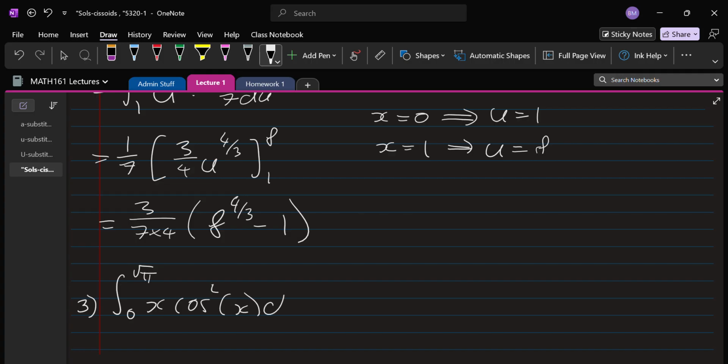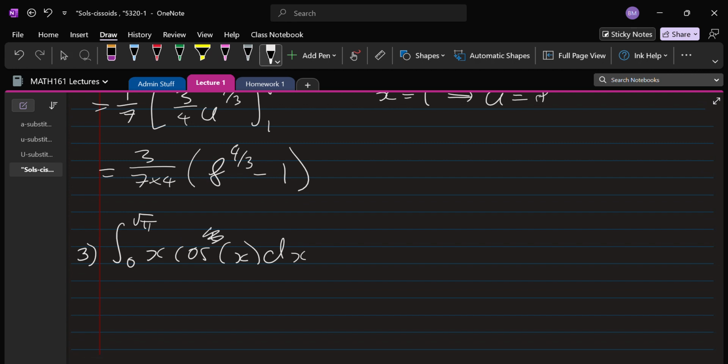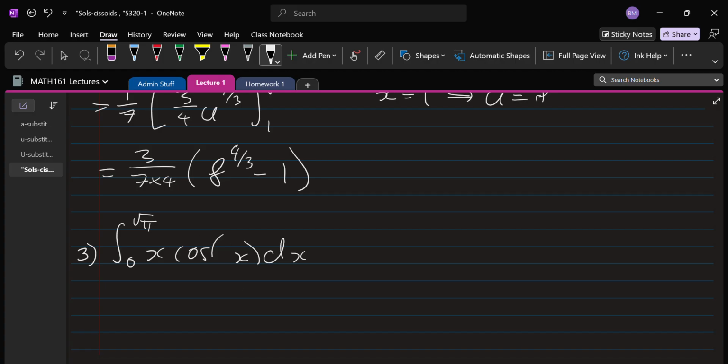Okay, number 3. We have the integral from 0 to root pi, x cos of x squared dx. We want to do a u substitution.